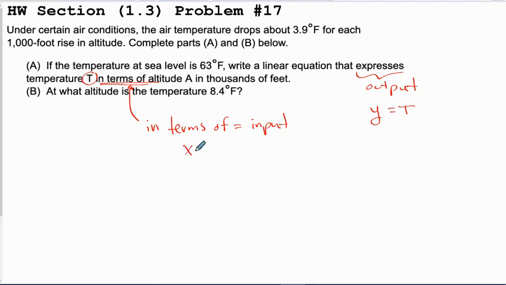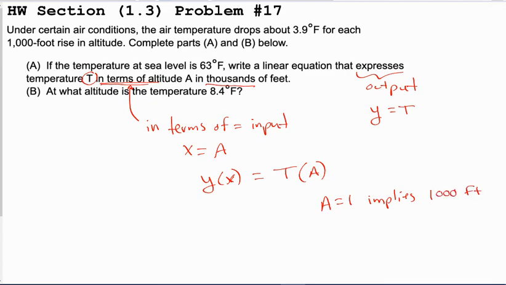Well, the input is our X variable, and we're going to call that A. So instead of y of x as a function, we're going to have T of A. And the last thing it says is in thousands of feet. So A equals 1 implies 1,000 feet. Great.